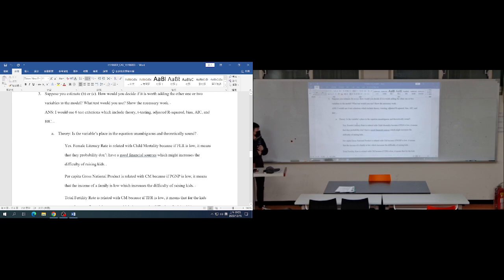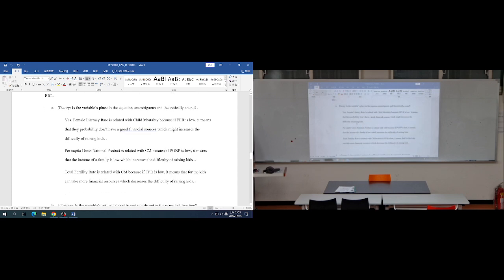And for question number 3, I will explain in detail about deciding the worth of adding variables. For the first part, I use theory, which is the basic concept of the independent variable with the dependent variable.